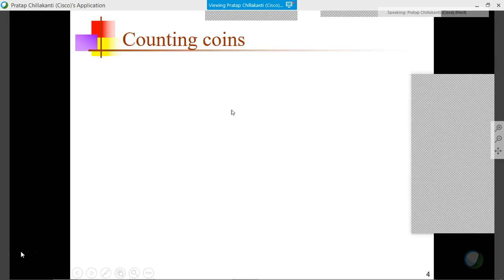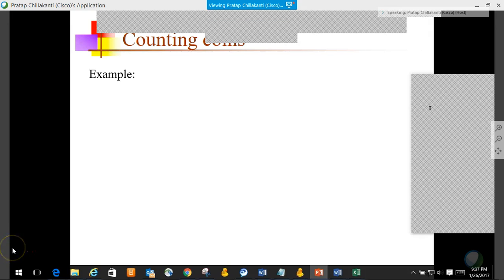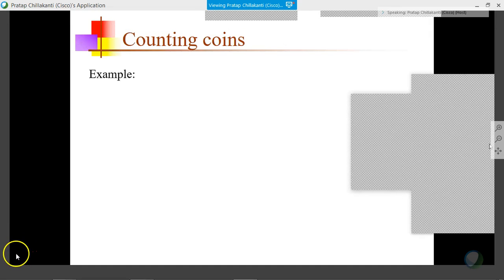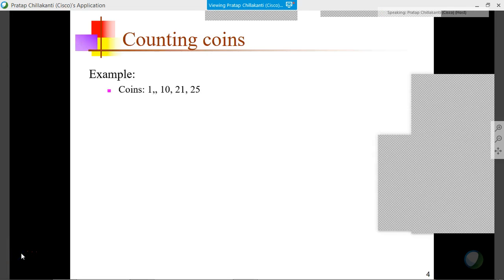Simplest example, counting coins. I'll go slow today, and then next class. I'll monitor the chat. We are assuming you have coins with some denominations. I think I had a 5-cent coin, which I removed.